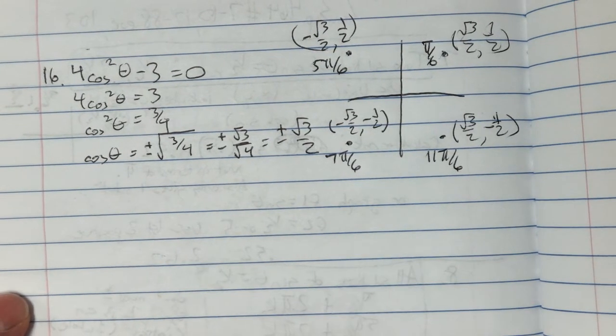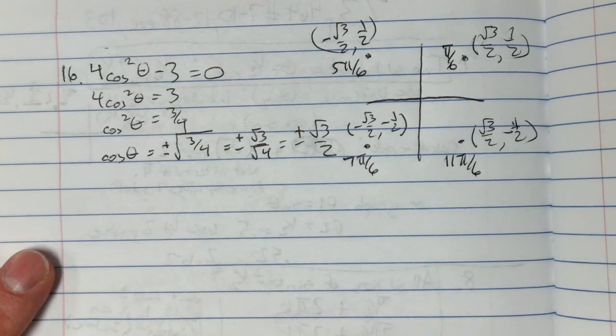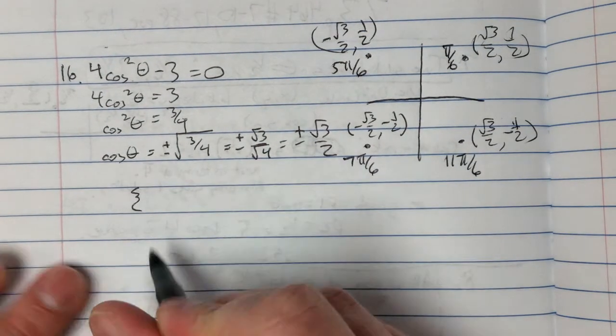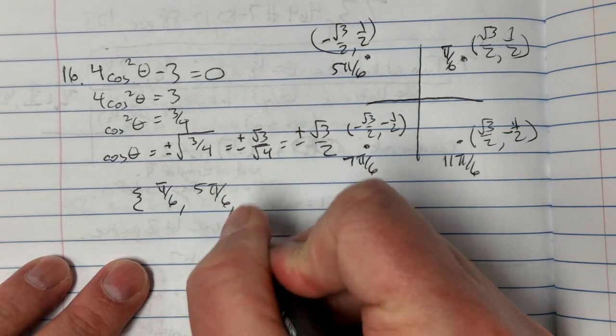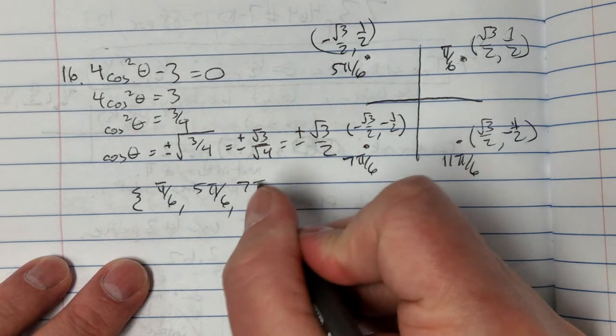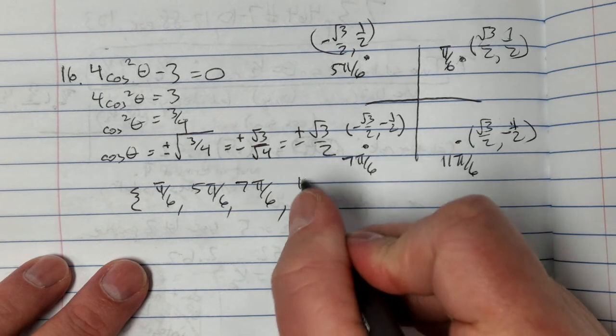We normally just order them least to greatest, so we'd have pi 6, 5 pi 6, 7 pi 6, and 11 pi 6.